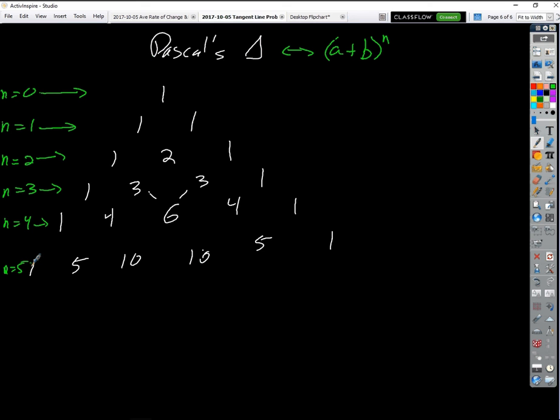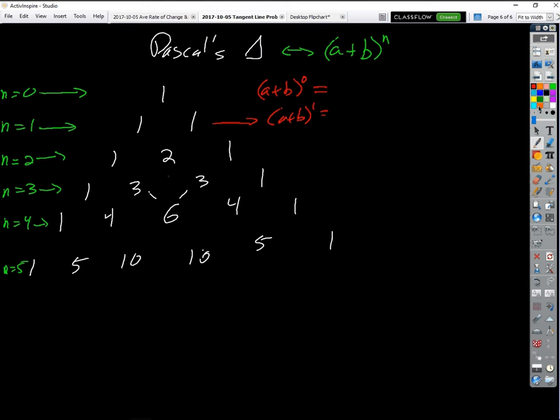So these are just the coefficients. If I wanted to write out a plus b to the 0, the answer is just 1, because anything to the 0 is 1. What's this telling me right here? This is telling me that a plus b to the 1 equals 1a plus 1b. I could go a little further than that.